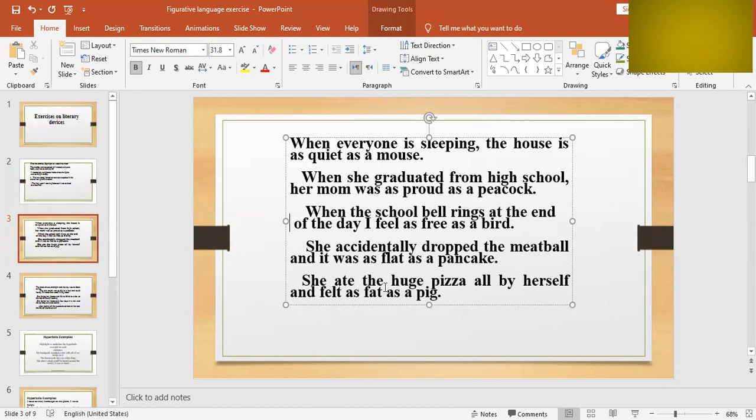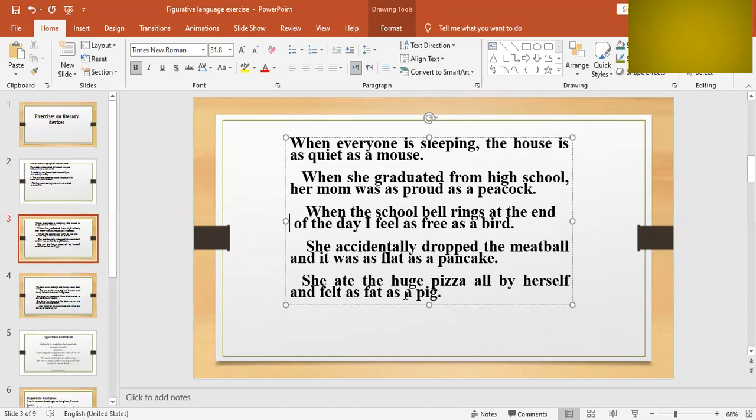She ate the huge pizza all by herself and felt as fat as a pig. As fat as a pig. What an awful, bad simile. To feel as fat as a pig, an ugly animal.